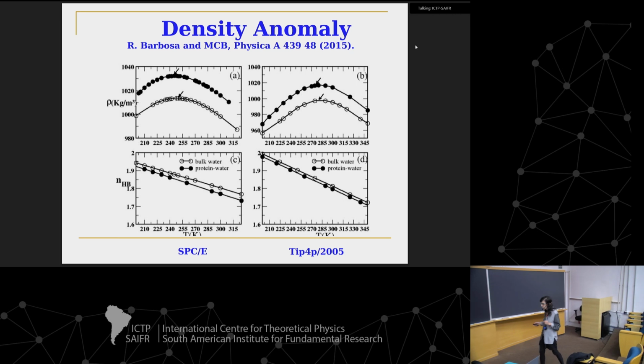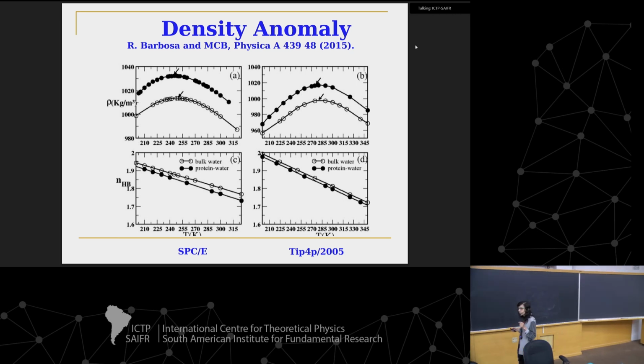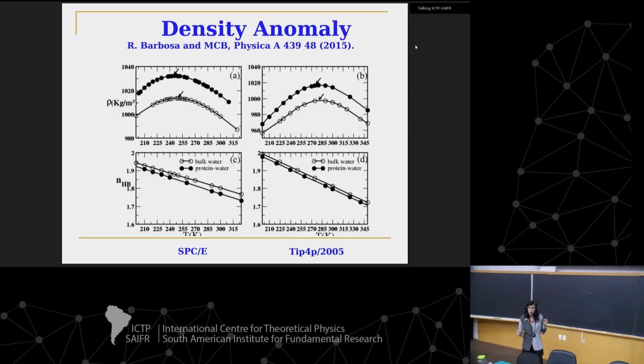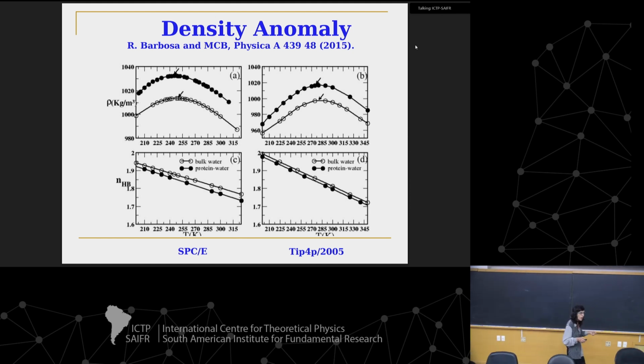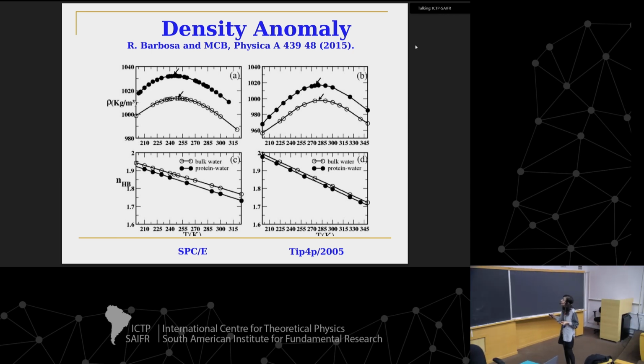And the first question you ask yourself is, when I have the protein inside the box, how does the density anomaly change by the presence of the protein? It's not how the protein changes, but how water changes because of the protein. The filled circles mean protein with water, and the empty circles mean bulk water.